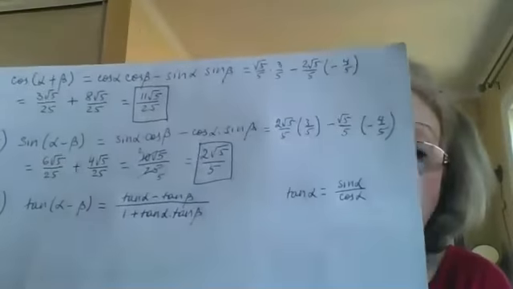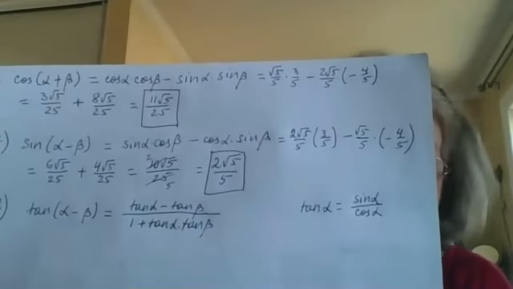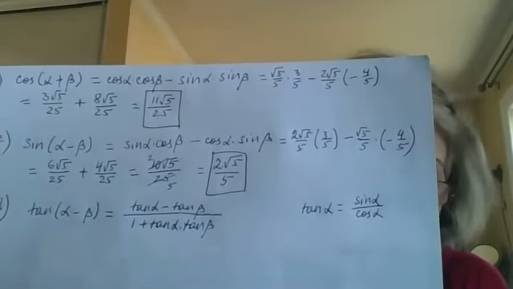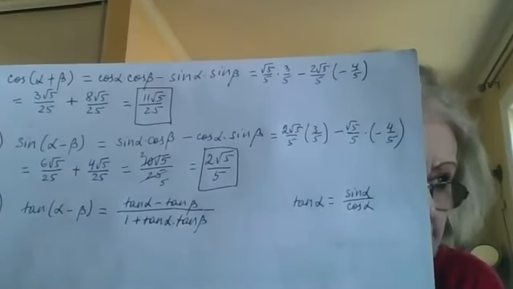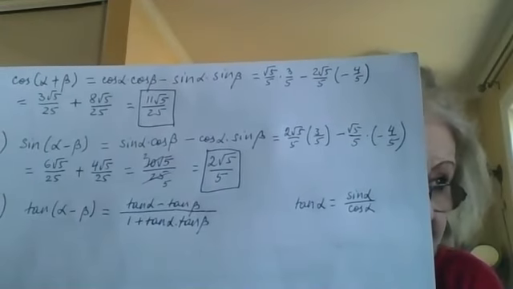And now I don't have these parts. What should I do? I need to find tangent alpha and tangent beta. But knowing sine and cosine, I can immediately write that tangent alpha is sine alpha over cosine alpha, as we know. If you agree with me, please verify that.